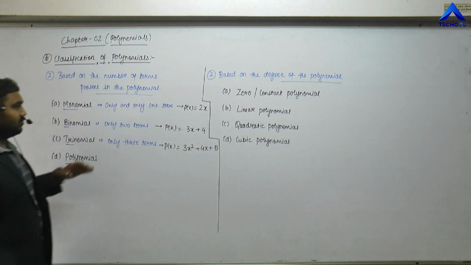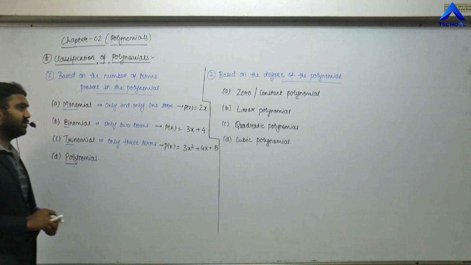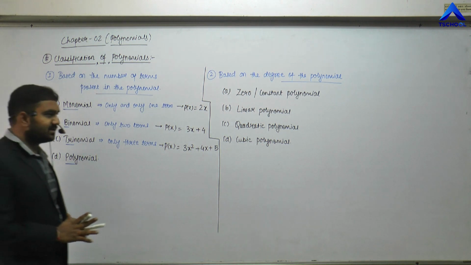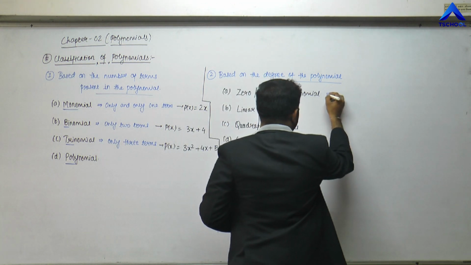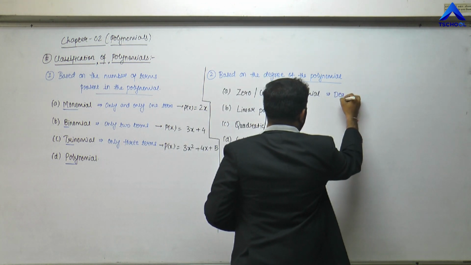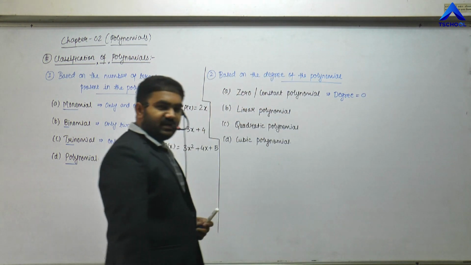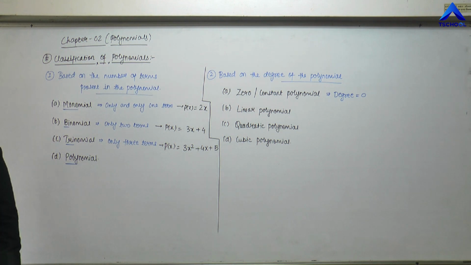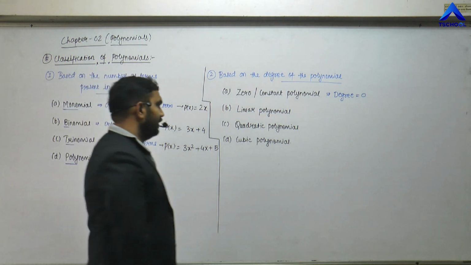Okay friends, so based on the degree of the polynomials we have zero or constant, linear, quadratic and cubic. Now let us discuss what these are. A polynomial with degree 0: if the degree of the polynomial is 0, then it is known as a zero polynomial, or also the constant polynomial, right?